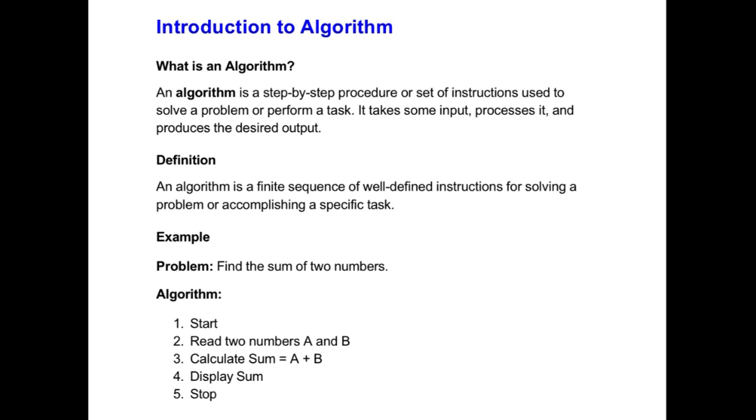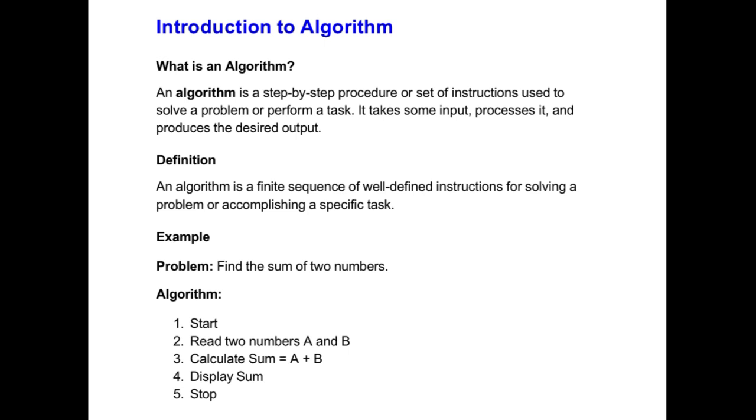The problem is to find the sum of two numbers. We make an algorithm. Algorithm is a step-by-step procedure. So in the find-the-sum problem, we want to write the algorithm.